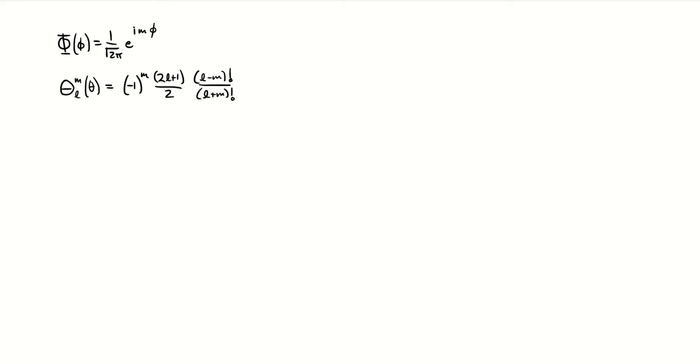So to recap what we've done, we've taken our relative wave function and split it into radial and then polar or angular components, and now we've solved for the azimuthal part, which was 1 over root 2 pi e to the i m phi, and now we've solved for that polar part as well, L m of theta, which was equal to (-1)^m times the square root of (2l plus 1) over 2, times (l minus m)! over (l plus m)!, times these associated Legendre polynomials as a function of cosine theta, right?